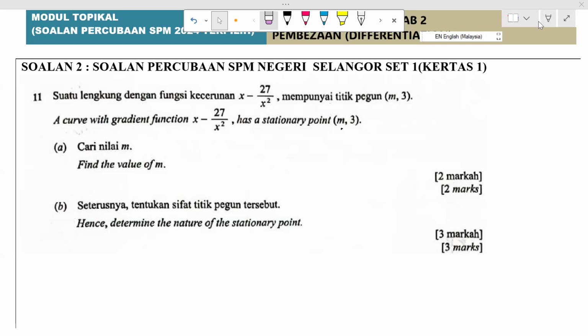Right, let's check the answer. Or maybe Eugene, send your working to me. Let me check, come check your working. Okay, let's see. This one, x equals 2.